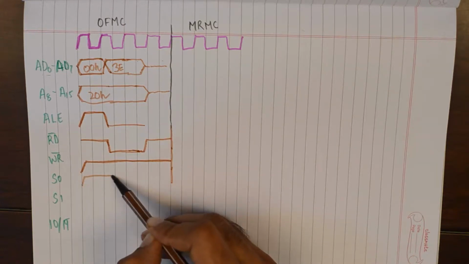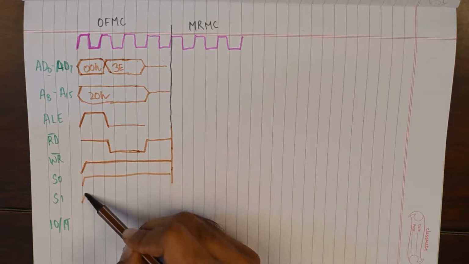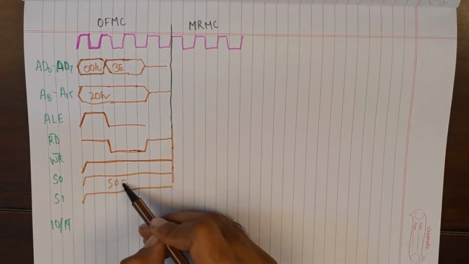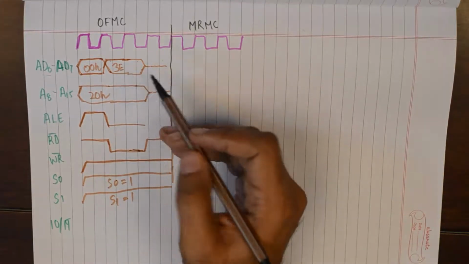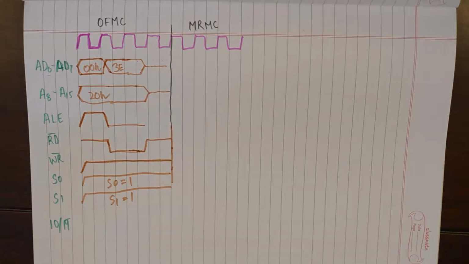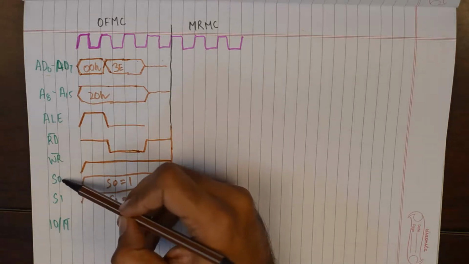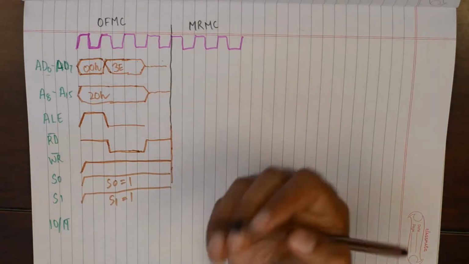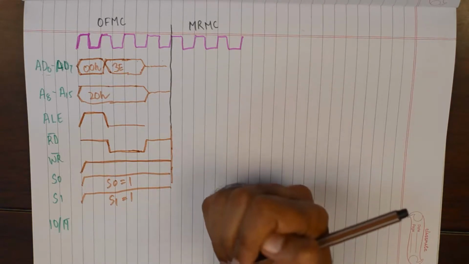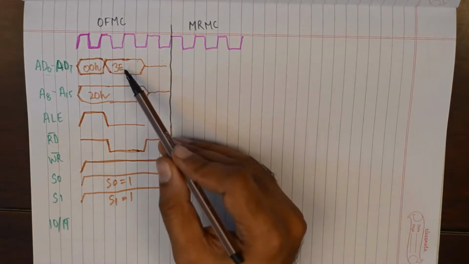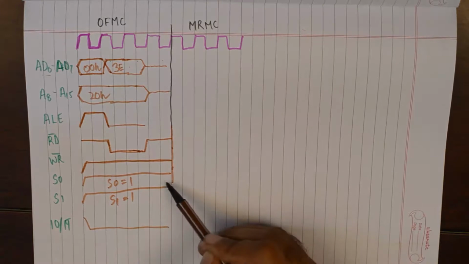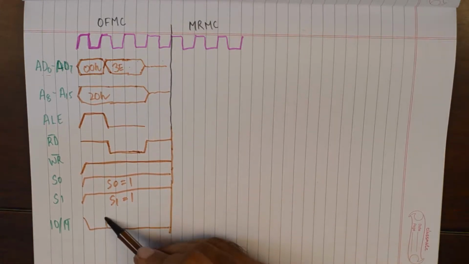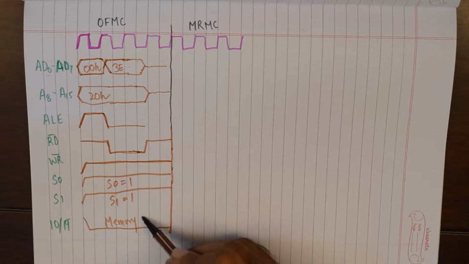Now, S0 equal to 1 and S1 equal to 1 will suggest that this 3E which is being brought into the microprocessor is an opcode. So you should be aware of the values of S0 and S1 for opcode fetch, memory read, memory write, etc. And this data is being fetched from memory, so IO/M would go to 0. A 0 would mean that this is a memory operation.